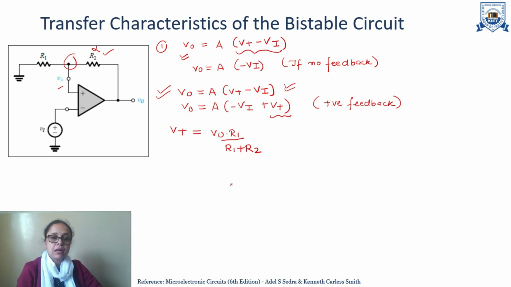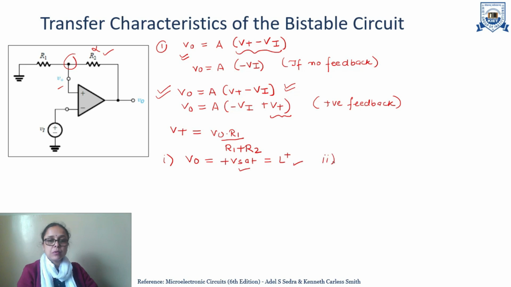This will be the value of V plus. Now, there are two cases for the operational amplifier. First, the output voltage is at plus V saturation, or we call it L plus, and second case, the output voltage is at minus V saturation, and we can call this L minus.